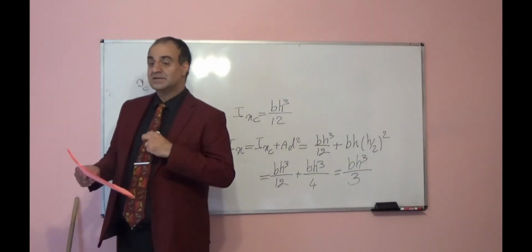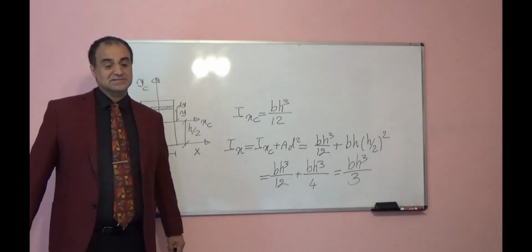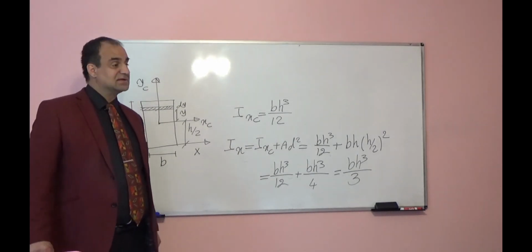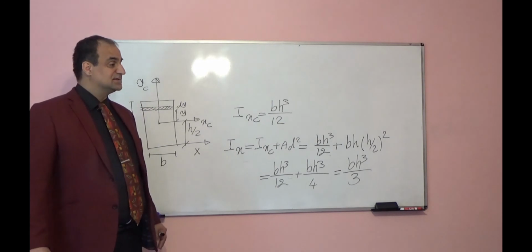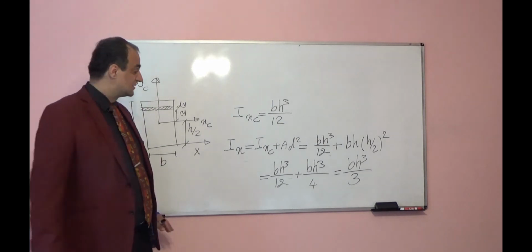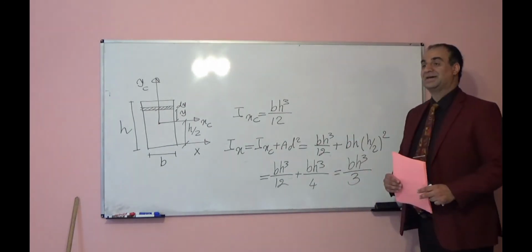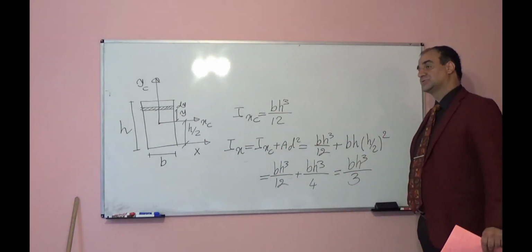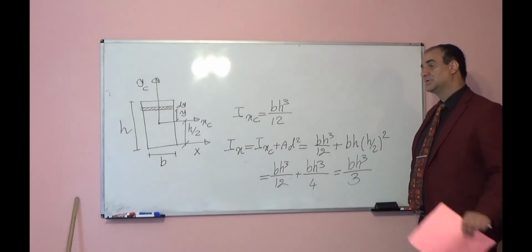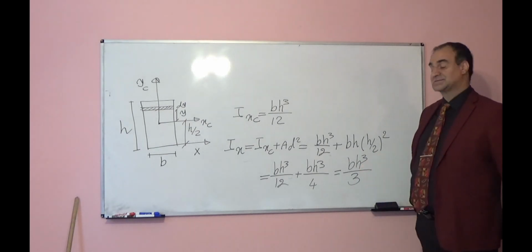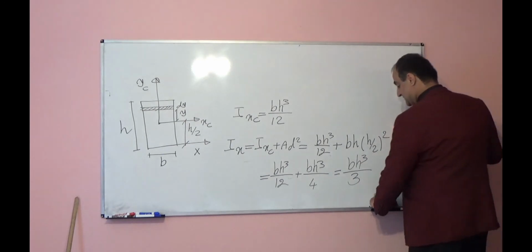The reason we need this is that sometimes bending takes place with respect to an axis that does not pass through the centroid, or, for example, if we have a T section, I section or something like that, we should be able to transfer from one axis to another axis. I will do that, you will see.